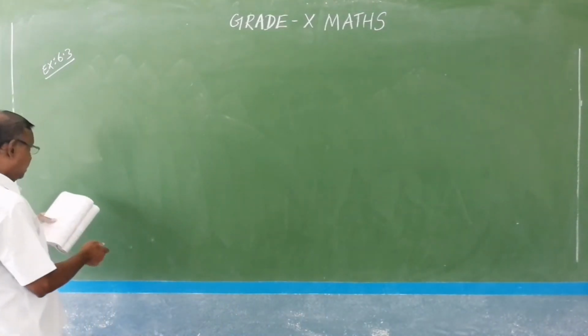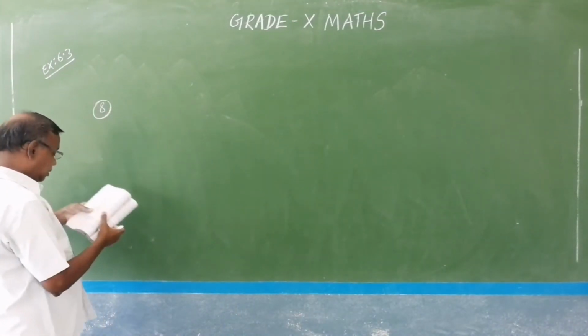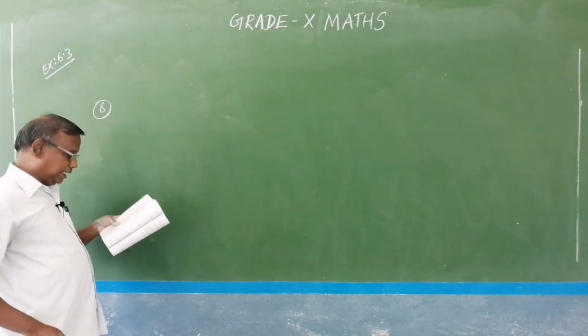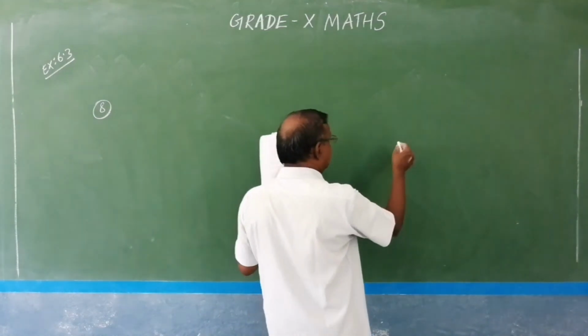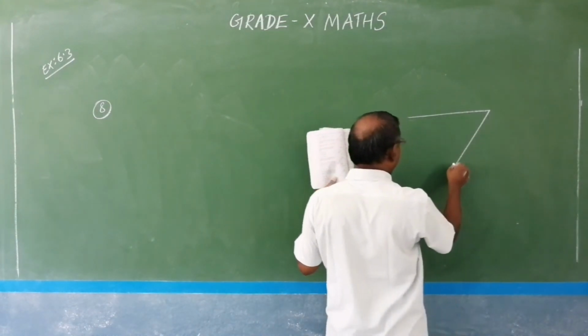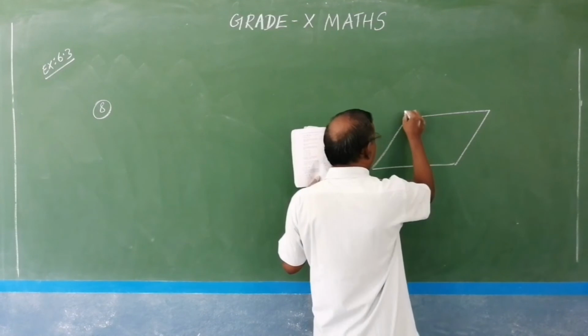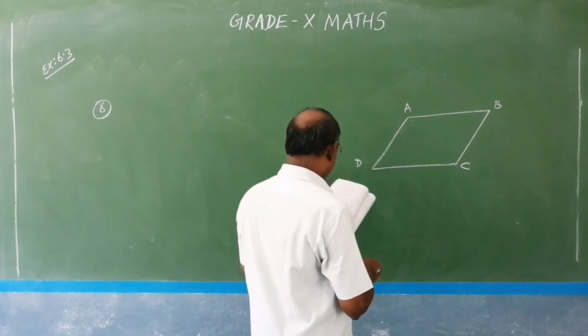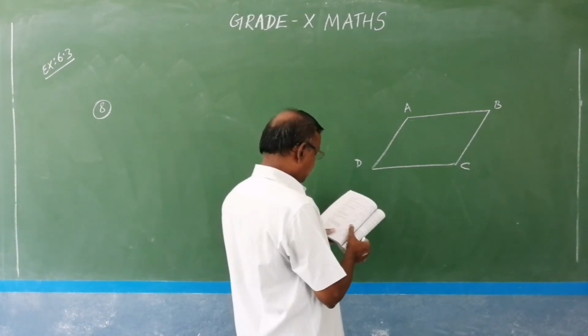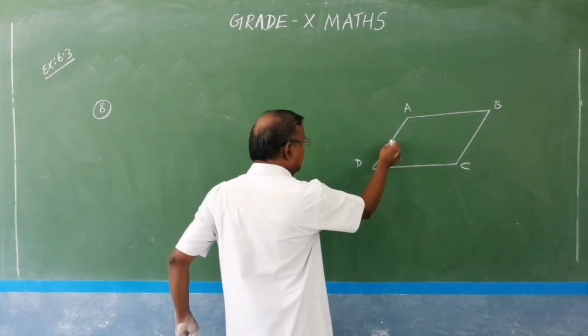Problem number 8. E is a point on the side AD produced of a parallelogram ABCD. So let us draw a parallelogram ABCD.